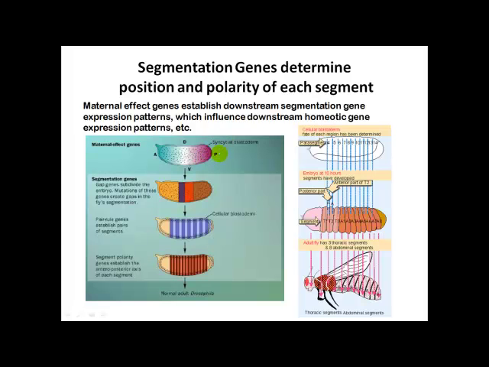Over here at the posterior end, they're seeing high concentrations of nanos, and over here at the anterior end, they're seeing high concentrations of bicoid, right? And then low concentrations of the other morphogen. So low nanos over here at the anterior, low bicoid over here at the posterior region. And so in each one of these nuclei that's being exposed to these different concentrations of these transcription factors, nanos and bicoid, these nuclei are going to start switching on different specific sets of genes.